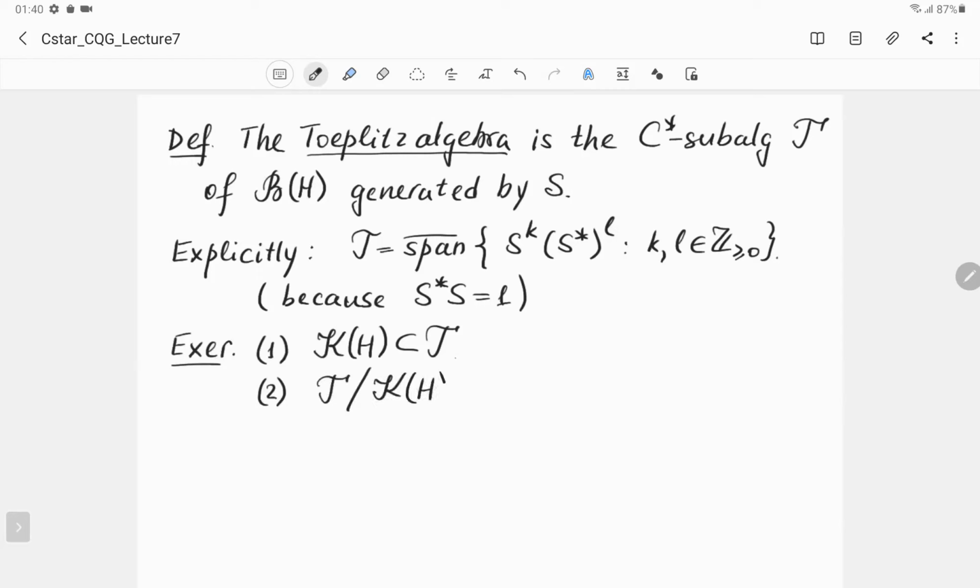Okay, exercise 2. So what if we take a quotient modulo this ideal? Well, by our previous result, this will be a C-star algebra. I claim that this algebra is isometrically star isomorphic to the algebra of continuous functions on the circle. So here T is the unit circle in the complex plane.